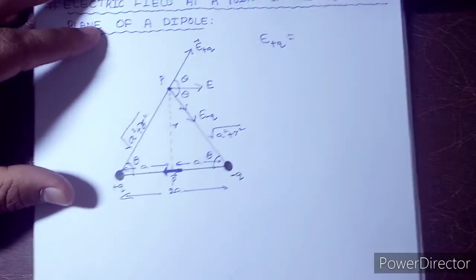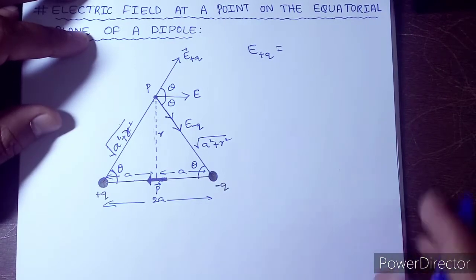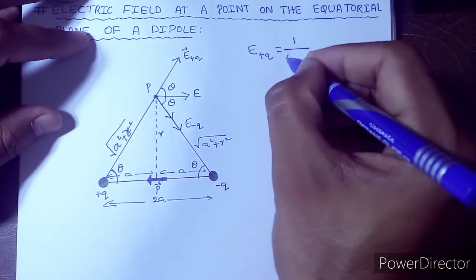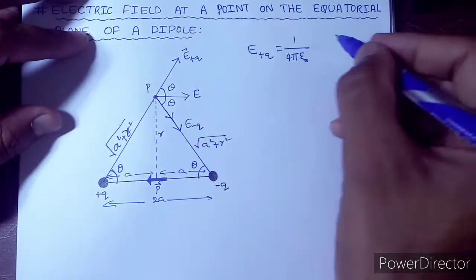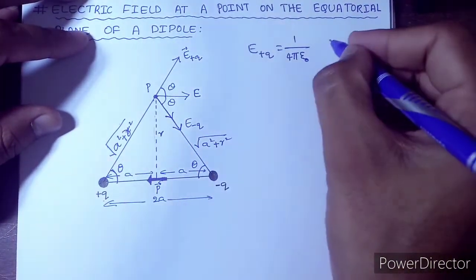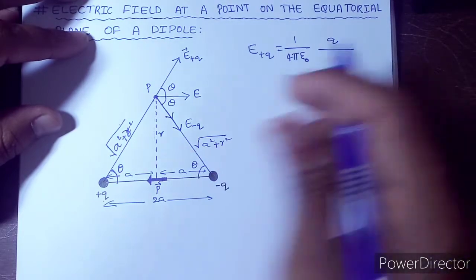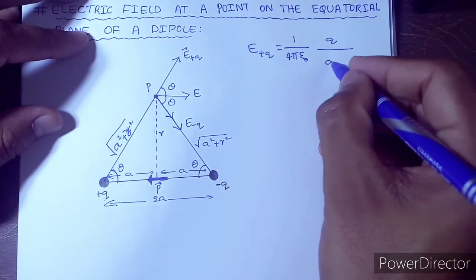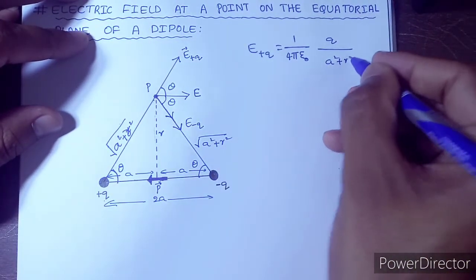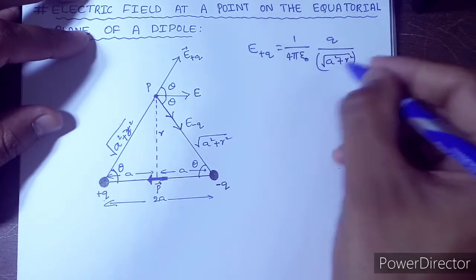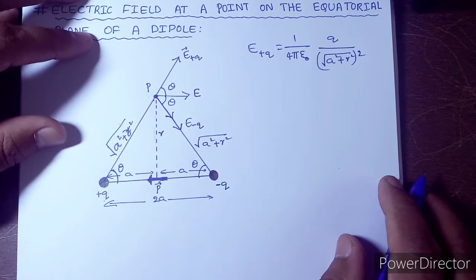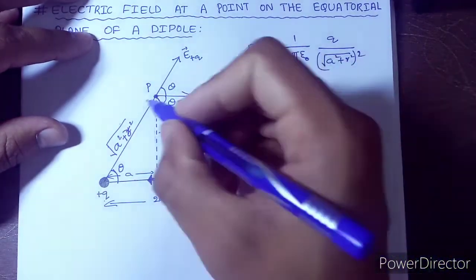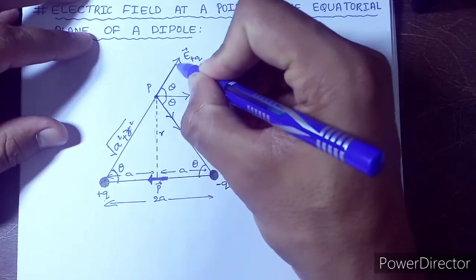Okay, so now we will be having 1 over 4 pi epsilon naught, q plus q divided by this square, that is square root of a square plus r square whole square. Then this will be directed in this particular direction.